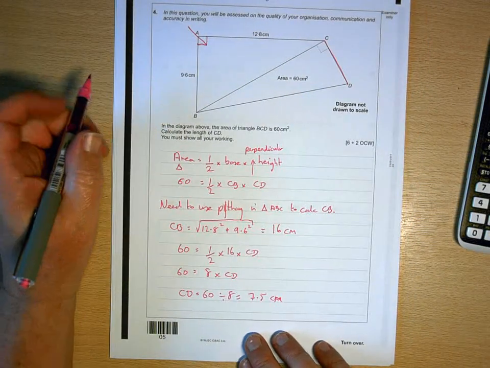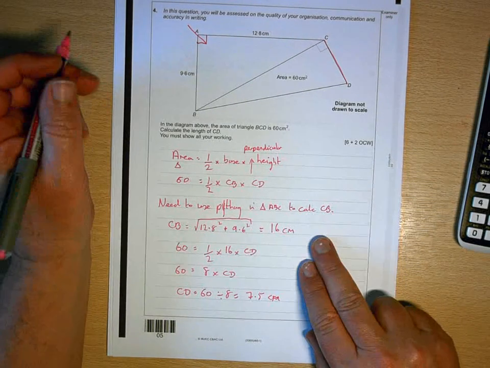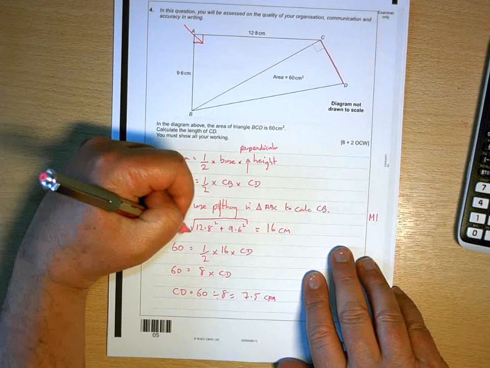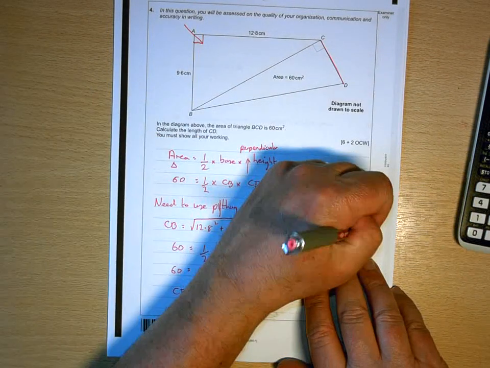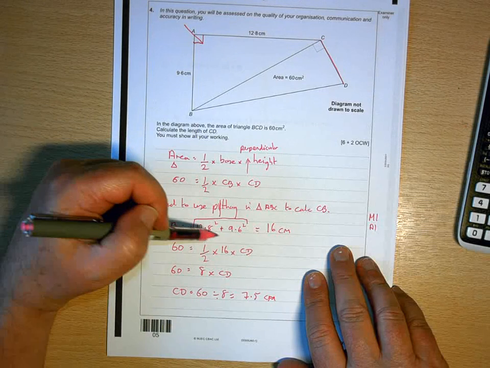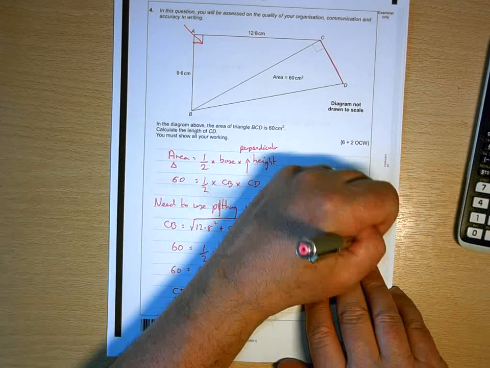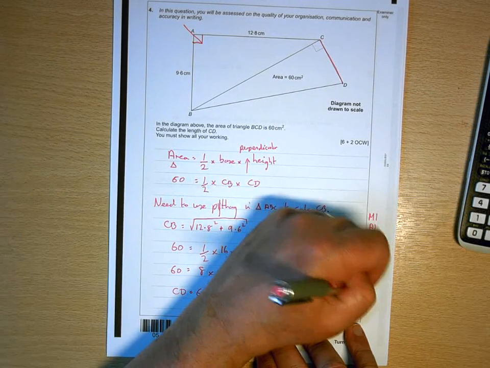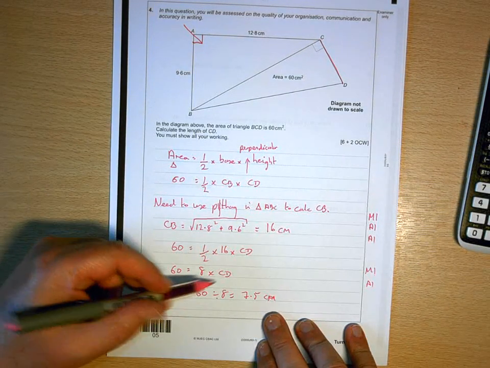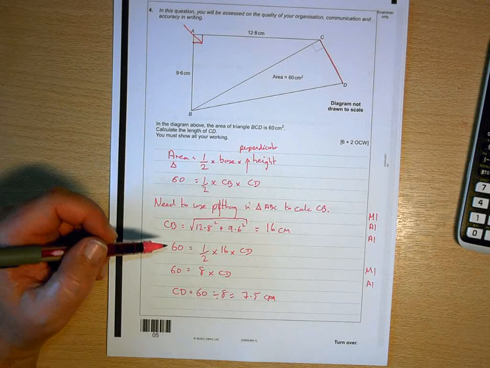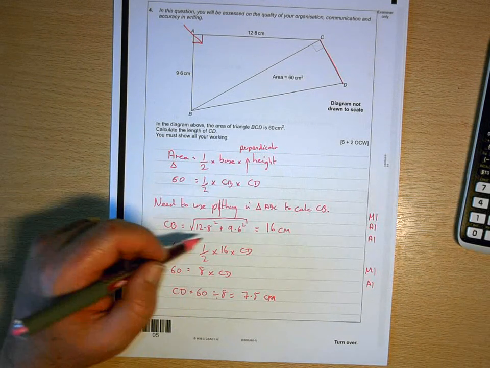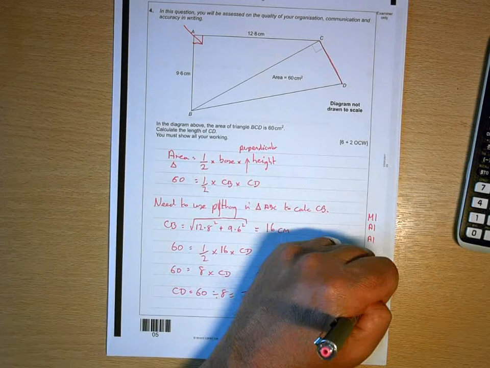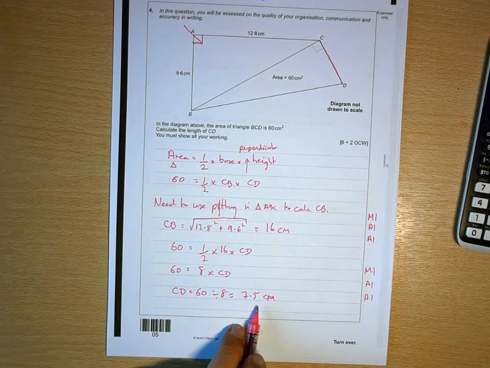Okay, 6 marks for that. So you're going to have 3 marks for the Pythag: a method for correctly squaring and square rooting, an answer for adding, and an answer for 16. Then you're going to have a method and an answer for working with the area of the triangle, so having the right figures in there, and then finally the sixth mark is for getting your answer of 7.5.